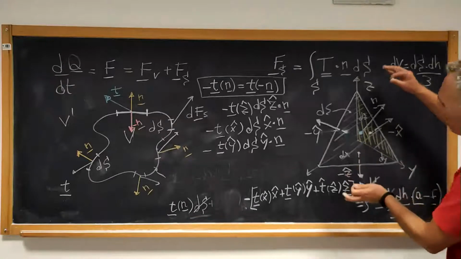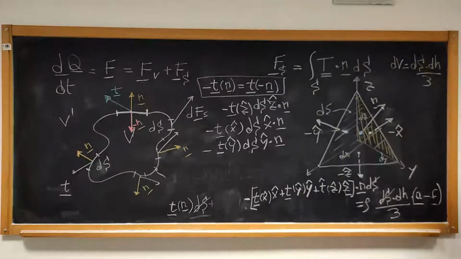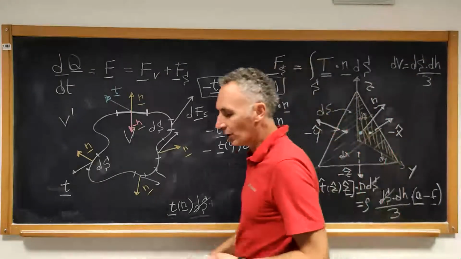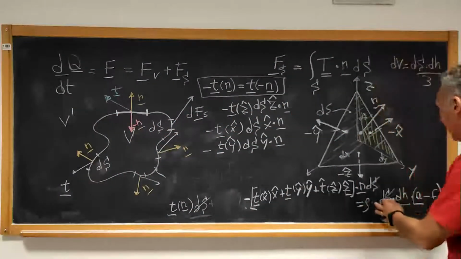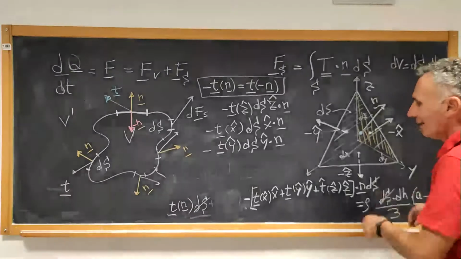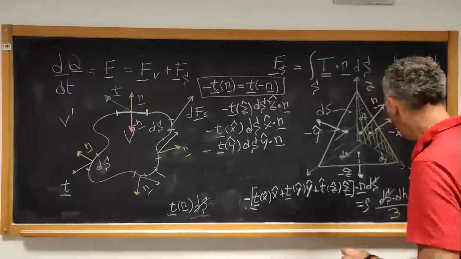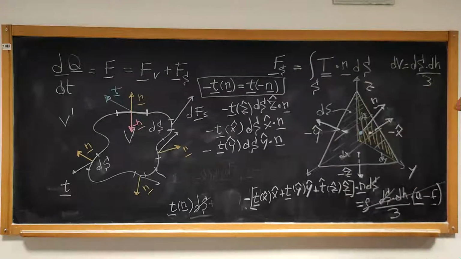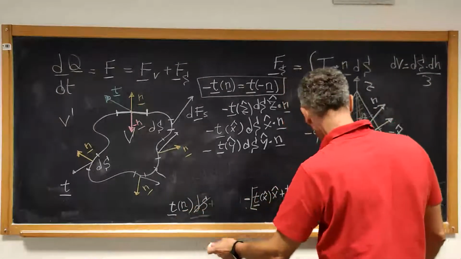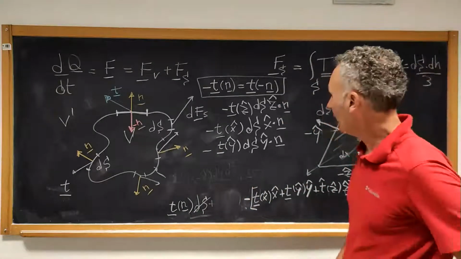Okay, so when I take the limit for the size, the edges of this tetrahedron approaching 0, the right hand side of this expression cancels out. Okay, this is just a consequence of the fact that the volume forces tend to 0 faster than surface forces while shrinking the element. So while I take this limit, this goes to 0, and what I'm left with is that Tn minus this expression is equal to 0, which I can write in this form.